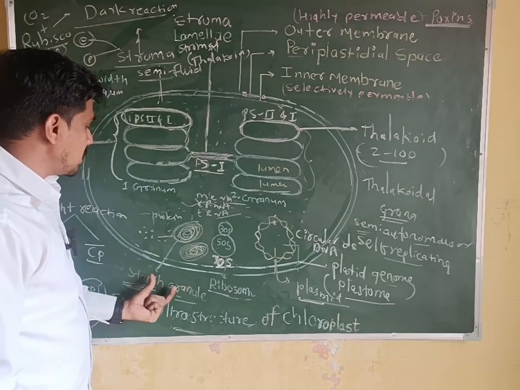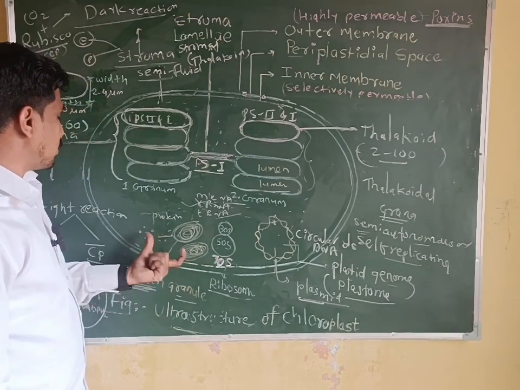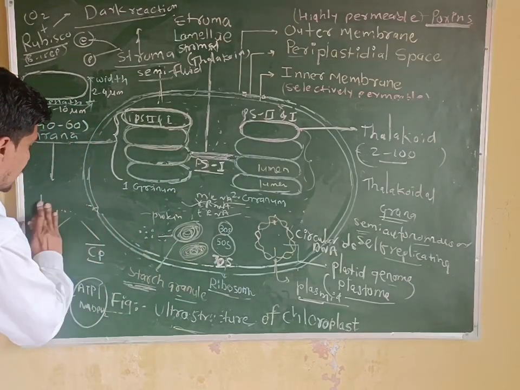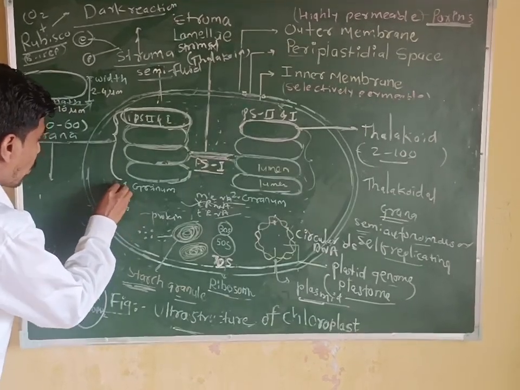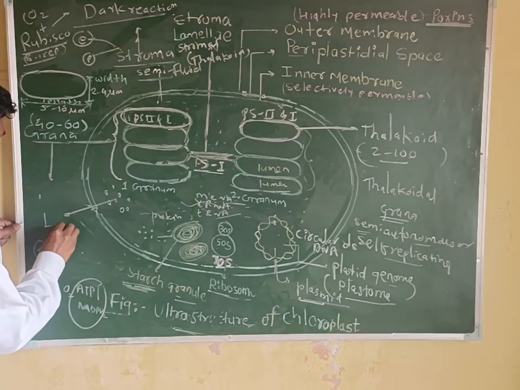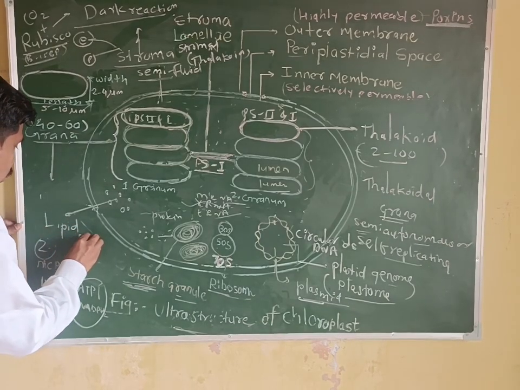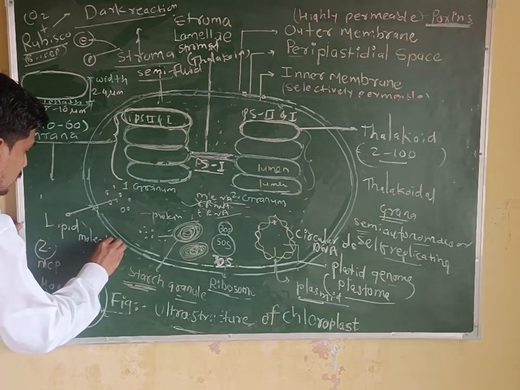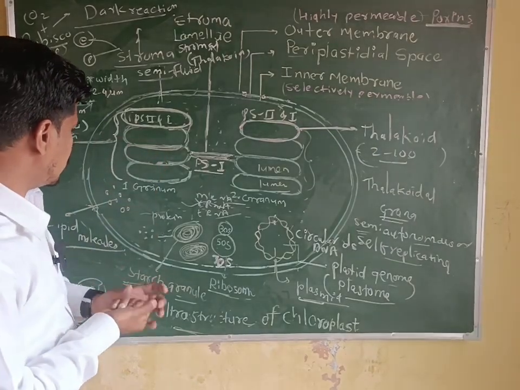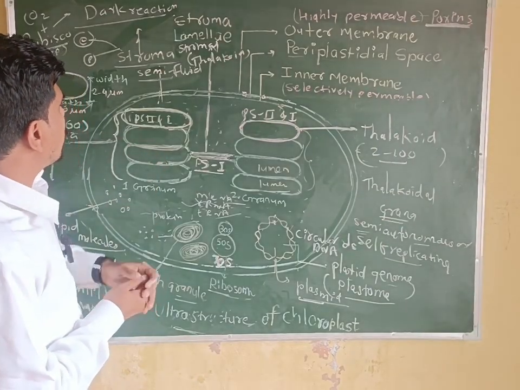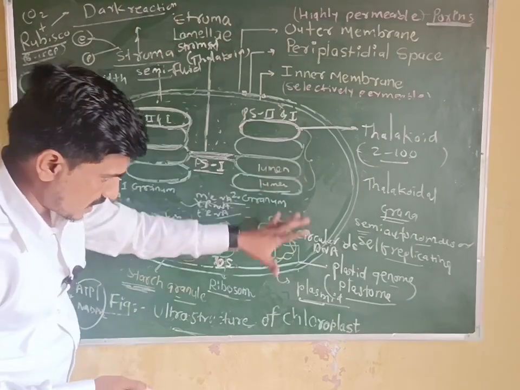That is starch. The big, large-sized starch molecule is also present. Inside the chloroplast, small droplets or small molecules are also present, known as lipid molecules. This is all regarding the chloroplast.